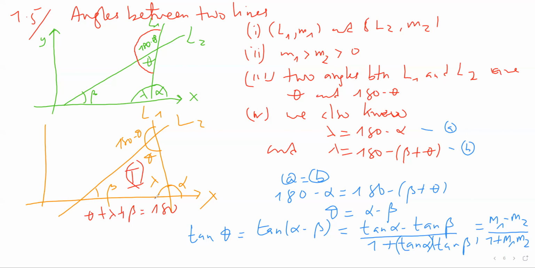Of course, it's also because here we know that lambda plus alpha is equal to 180. So with these two pieces of knowledge of the relationship between these angles, you say that 180 minus alpha is equal to 180 minus beta plus theta, where your theta is now alpha minus beta.